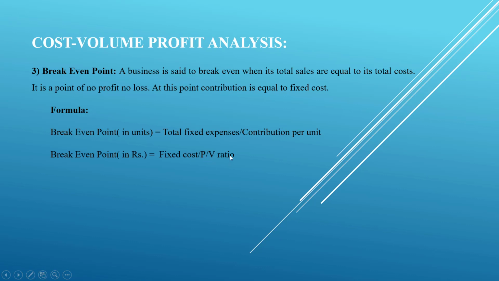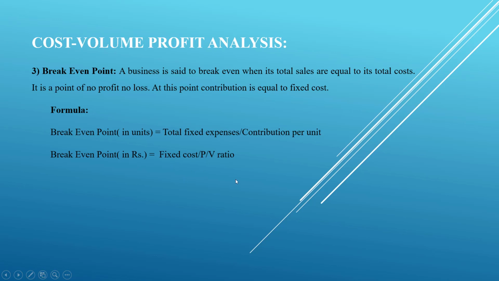So for calculating this, we should know the PV ratio. After calculating the PV ratio, then only we can calculate the break-even point in rupees. Or else, after calculating the break-even point in units, you can multiply it with the selling price, and then also we can get the break-even point in rupees.